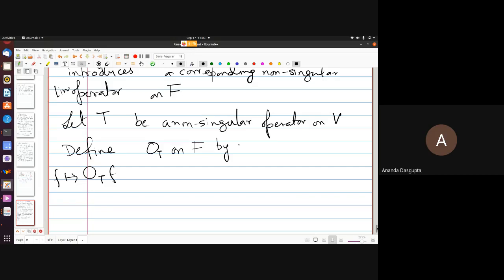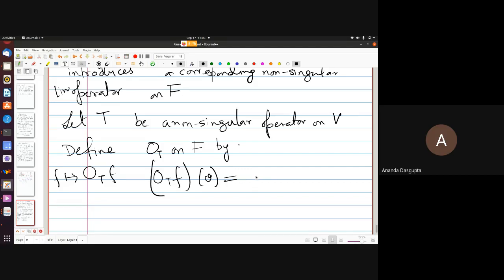So the other part of what you said is important, which is I need to specify exactly what OTf, the function, does on V for any V belonging to the vector space. Remember, we already know what f does to V, and we know what the transformation T does to V, right?